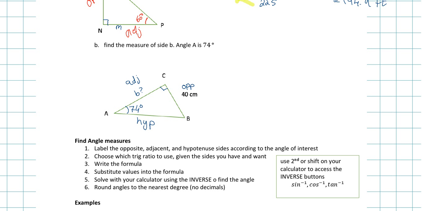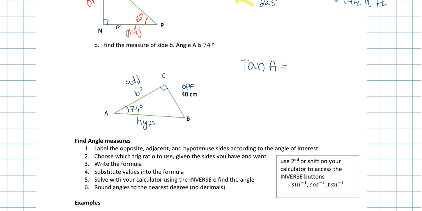Okay, so I know the opposite and I'm looking for the adjacent. So which trig ratio can I use with opposite and adjacent? Tan. So that's tan angle A equals opposite over adjacent.